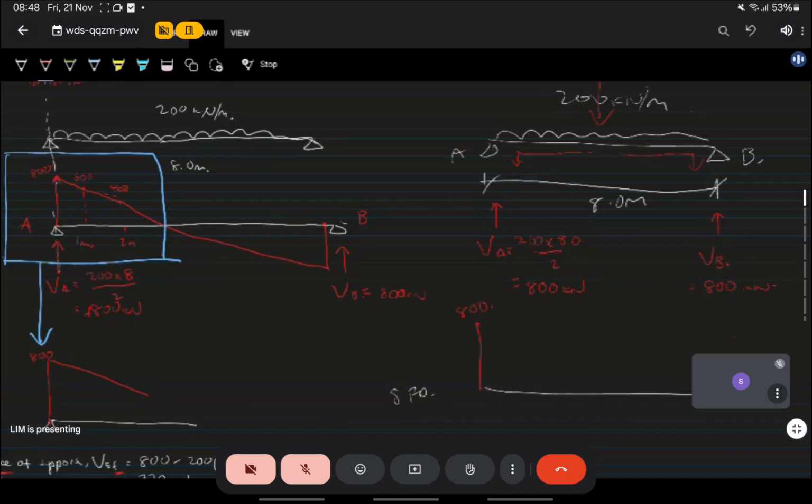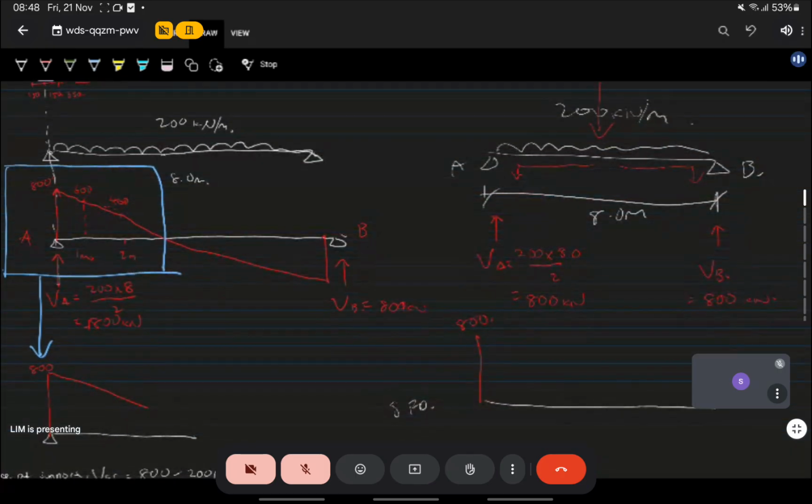Now what happens to the shear force diagram next? Along the beam, you have a UDL of 200 kilonewton per meter run pushing down. What that means is every meter you go towards the right, you lose 200 kilonewton, because it's pushing down.